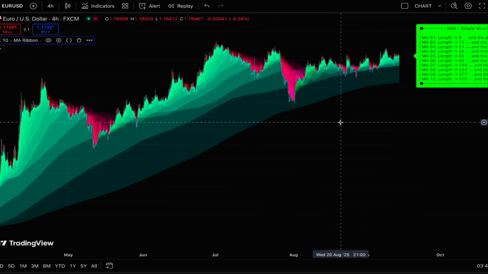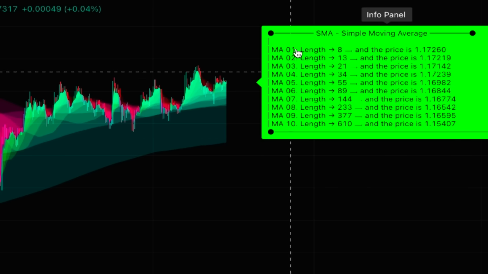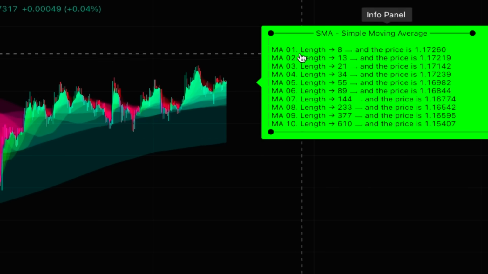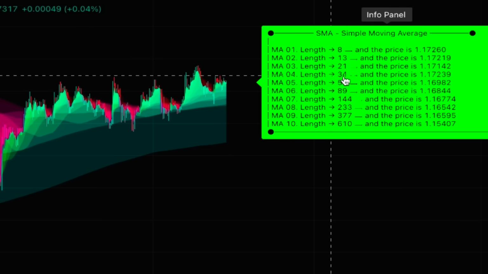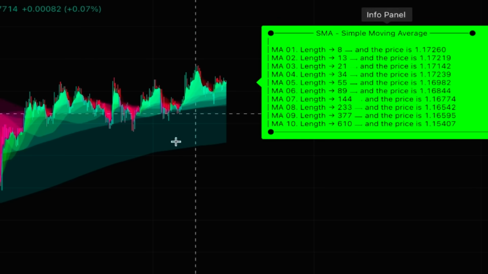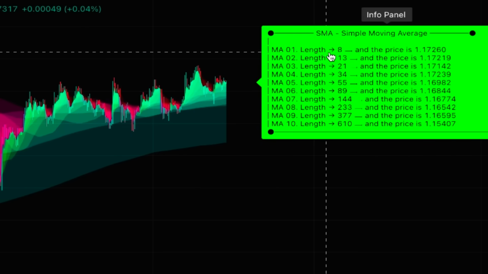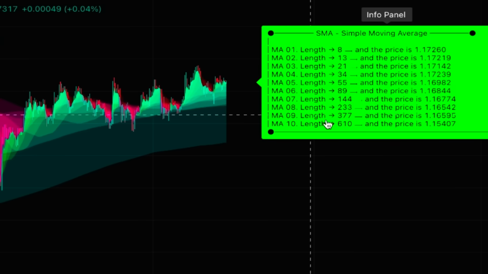And here on the right side of the chart, in this table, it is also showing that we have 10 moving averages on the price chart with length of 8, 13, 21, 34, and the longest one is 610. So here we have a collection of 10 moving averages from a very short length, which is set at 8, and very long length, which is set at 610.